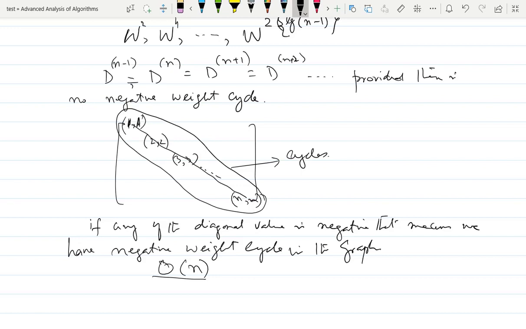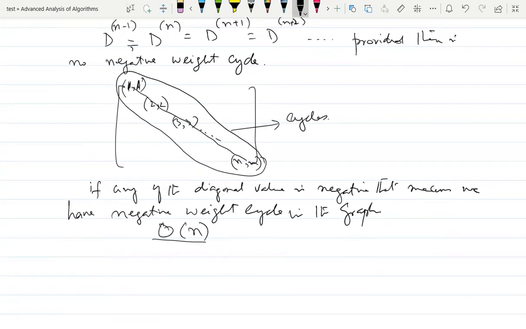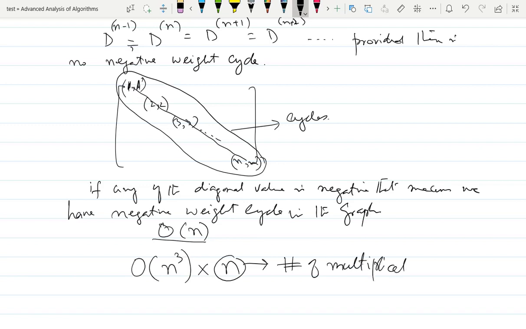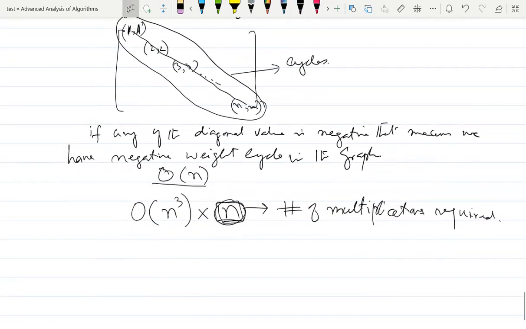So altogether, if you look at this algorithm, previously n cube was the time of the first multiplication, and that was multiplied by n, where n represents the number of multiplications required. But in our current case, we have reduced from n to log n.